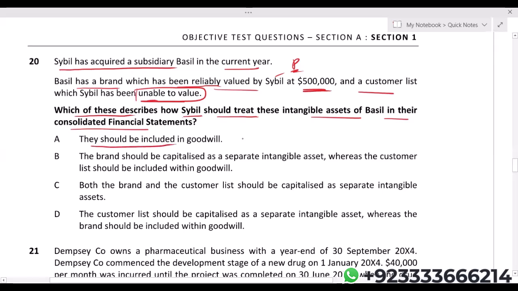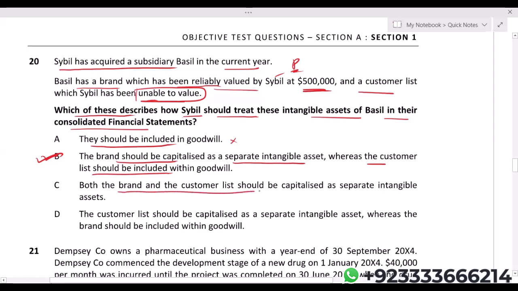They both should be included in goodwill. No, they will not both be part of goodwill, because the fair value of the brand is reliably measurable. The brand should be capitalized as a separate intangible asset, whereas the customer list should be included in the goodwill.